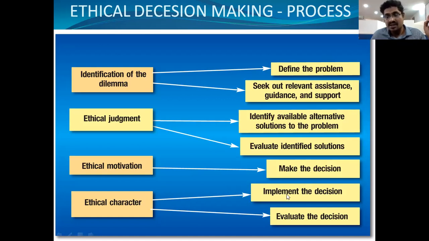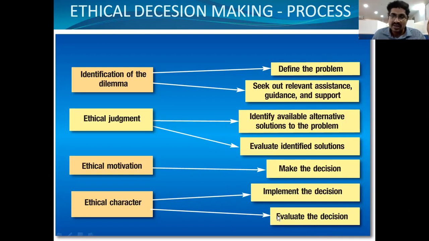Implementation of our selected solution, right? Implementation of the chosen or selected decision. After completion of implementation, we cross check or verify our actual tasks. That is called here evaluate the decision. So evaluate the chosen alternative.